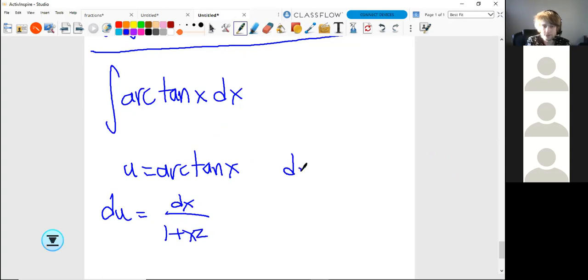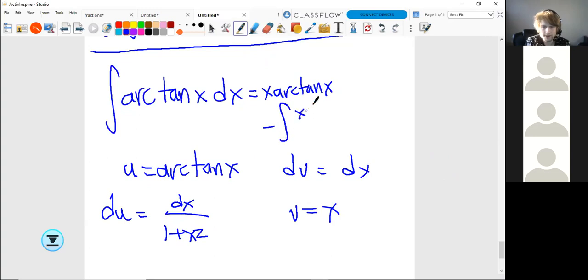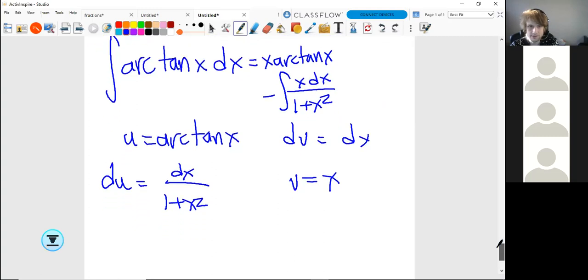So then our dv, let's make that dx, so that v equals x. And we get that this thing is going to be x arctan x minus the integral of x dx over 1 plus x squared. So actually, this integral is way easier than the arctan integral was.